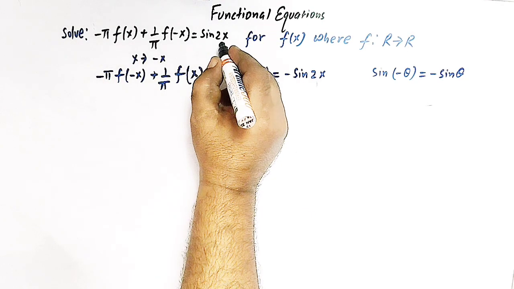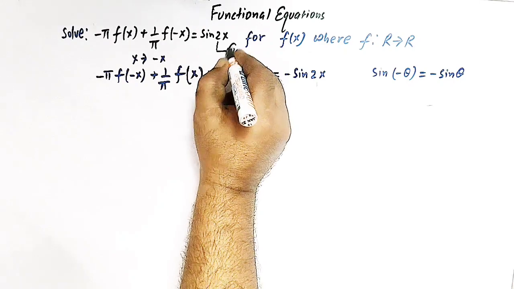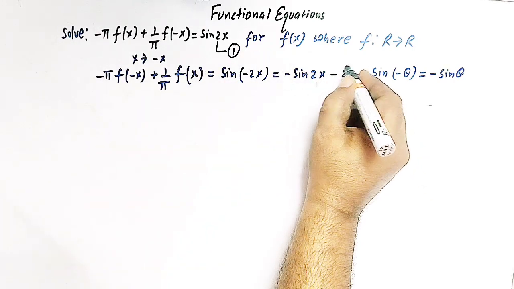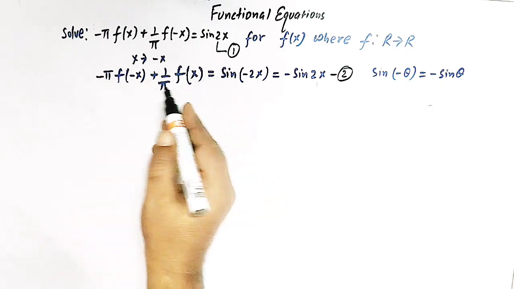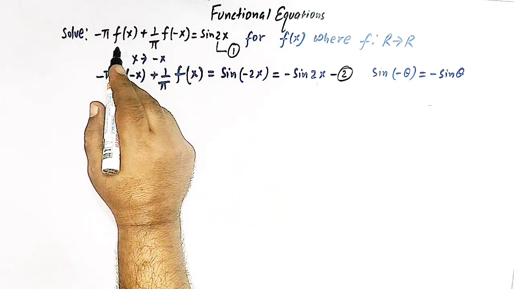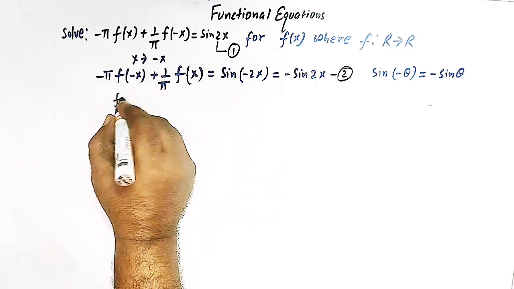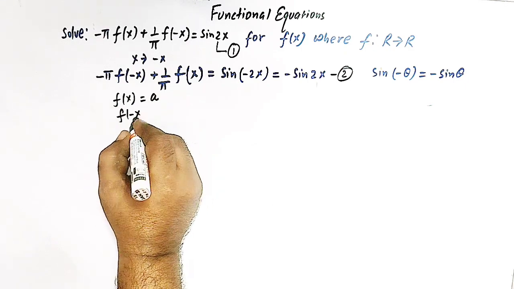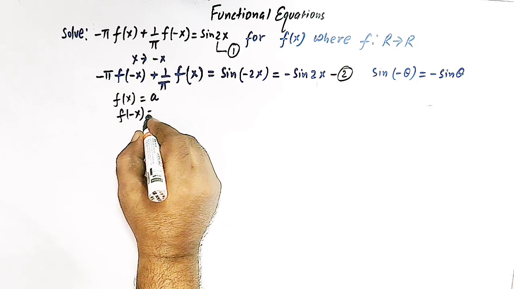Let us call this equation 1 and this equation 2. For simplicity, let us replace f of x by a and f of minus x by b.